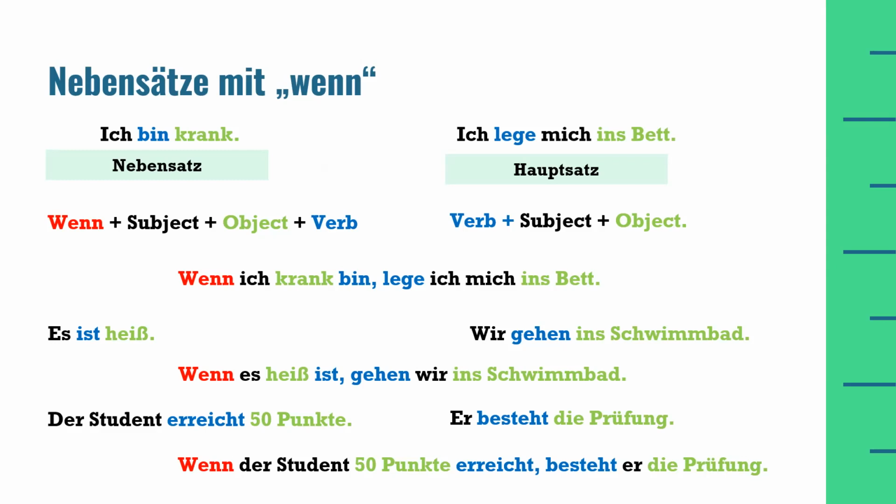Hauptsatz starts with the verb which has to be conjugated according to the subject that comes at the second position. So we must know in advance what is the subject of Hauptsatz so that we can use the conjugated verb at the first position. Bestehen becomes besteht, and die Prüfung is the object of sentence. Die Prüfung means the exam.